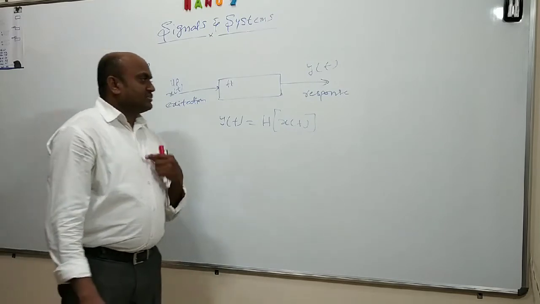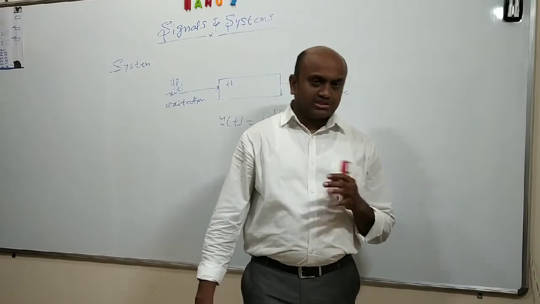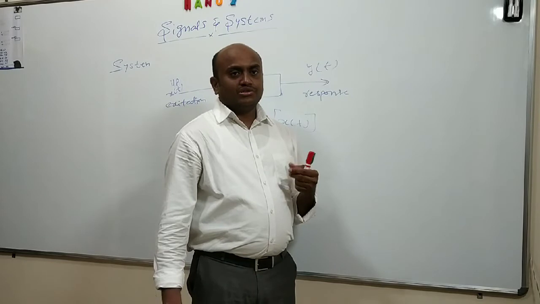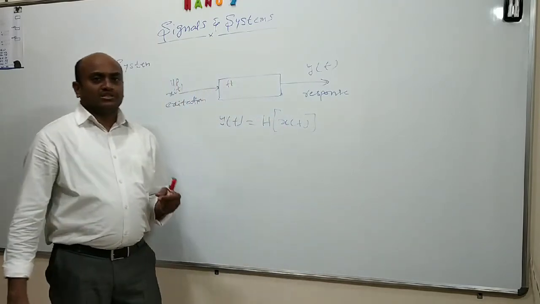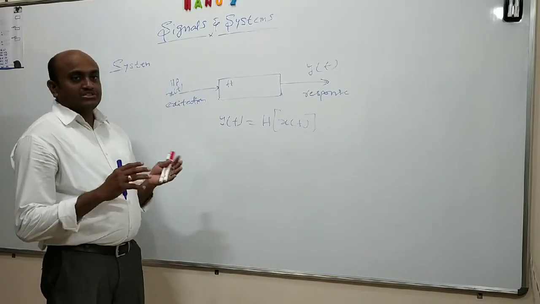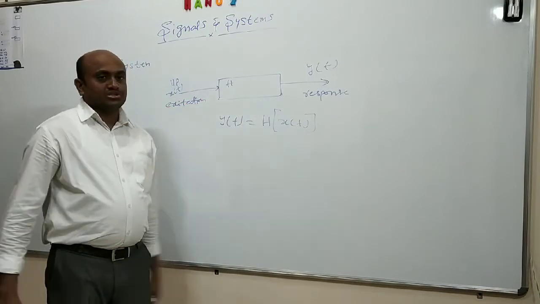Just take the example of your microphone and earphones which you are connecting. If some sounds have more audio, you will reduce the volume. If you want to hear more of some other songs which are not that audible, you will increase the volume. So all such devices are systems. They take an input signal, process it and give the output.